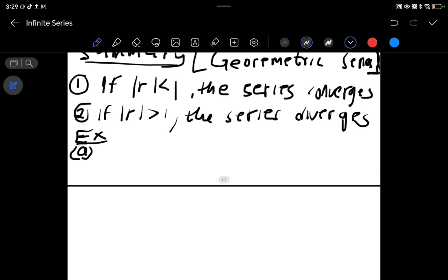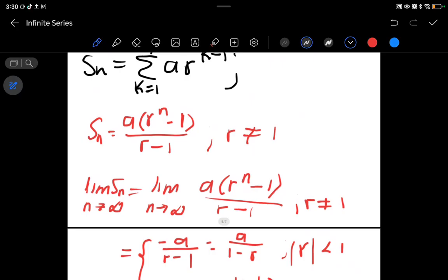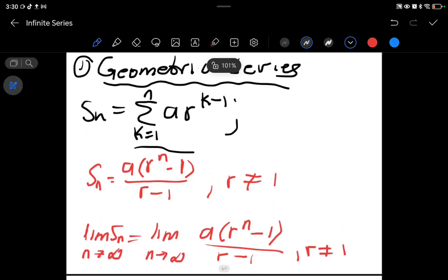Now we're given the summation from n equals 0 of 2 times 1 over 5 to the n. If we check, this is in a bit of this part.